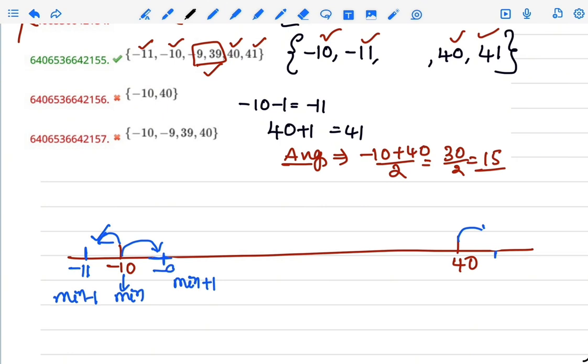This value 41 is max plus 1, and this value max minus 1 is 39. So they included boundary values also.